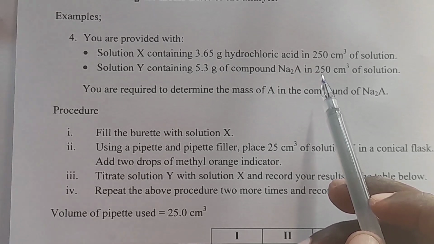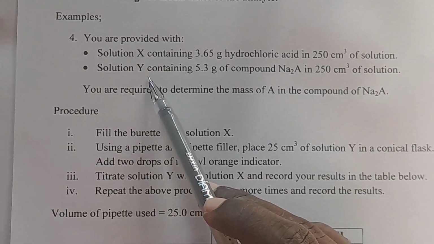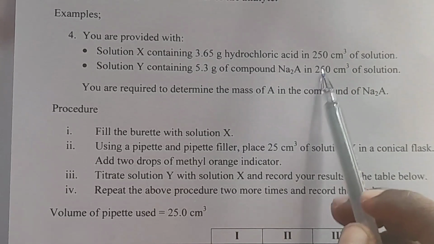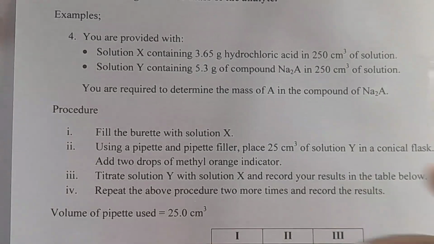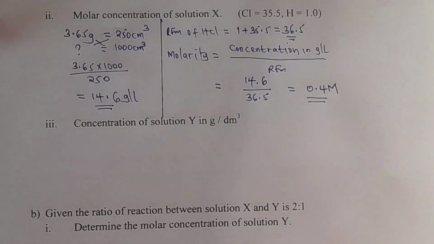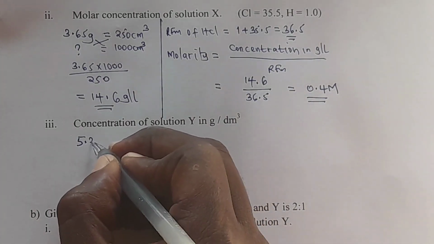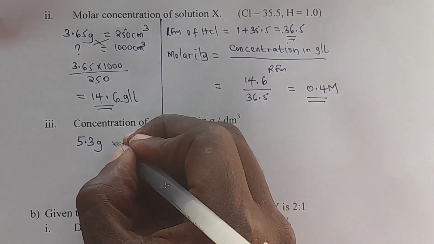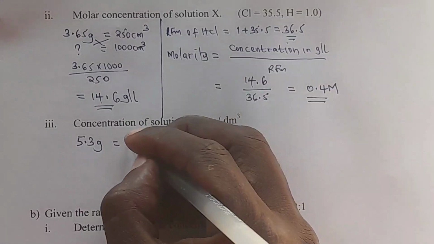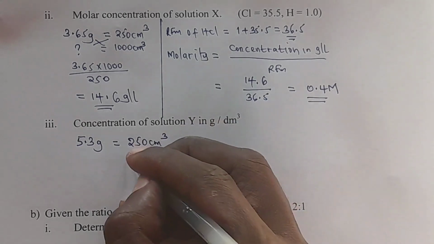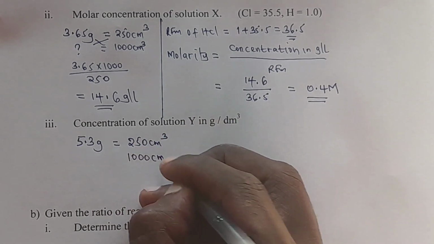If they are asking us the concentration of solution Y in grams per liter, we say if 5.3 grams has been dissolved in 250 cm³ of distilled water, what about 1000 cm³? That will give us the answer.